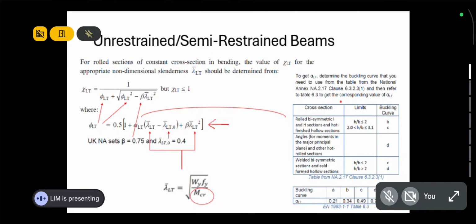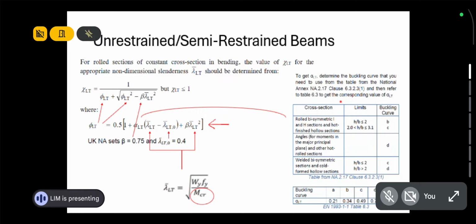So you see, it gets deeper and deeper. To get this, you need this formula. But for this formula, you need to use another formula. It keeps on going to another formula. That's why you're going to notice this pattern. So, for this formula, beta is 0.75.